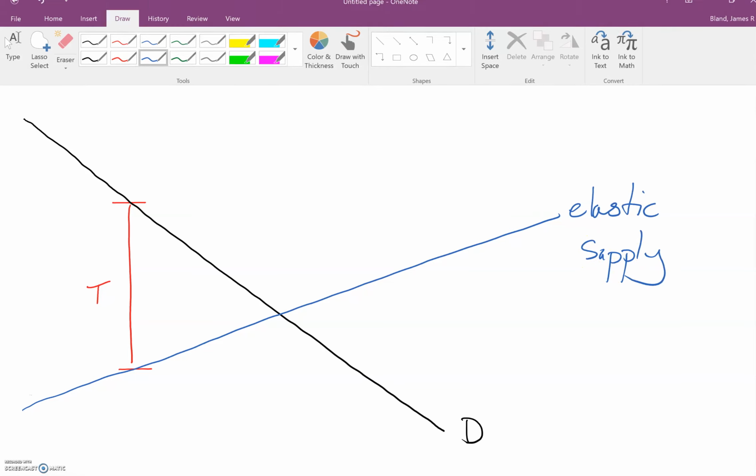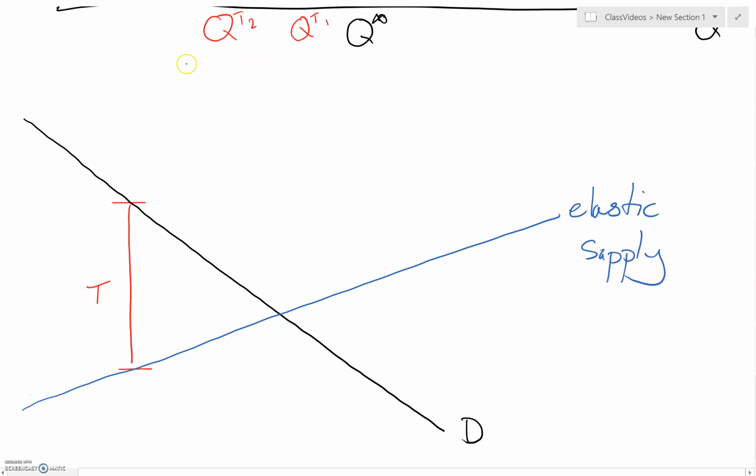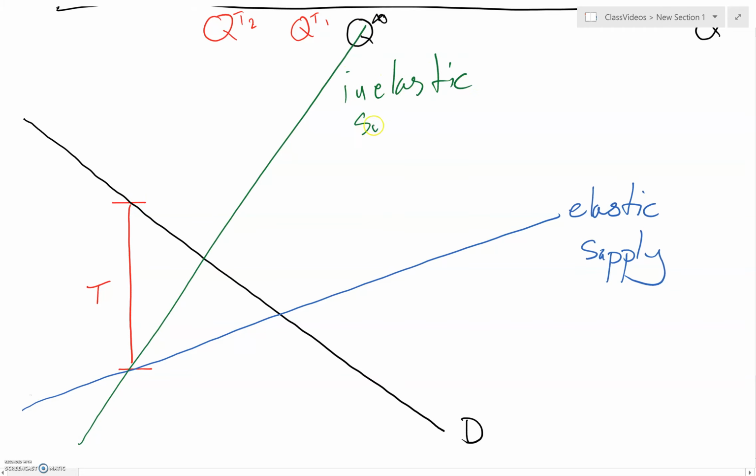And I've got my relatively inelastic supply, which looks like this. Okay, and let's work out which of these triangles is bigger.